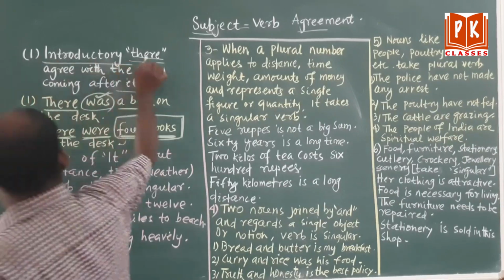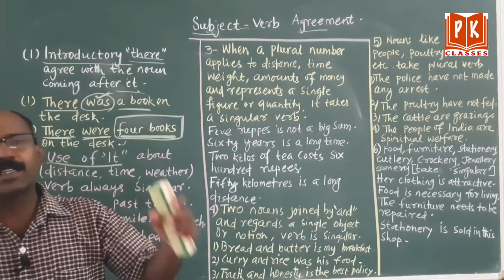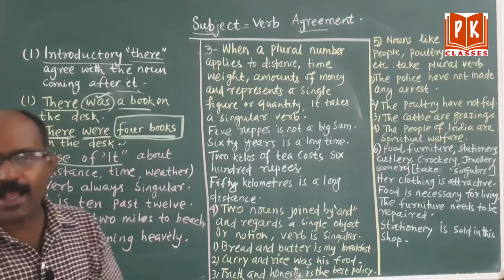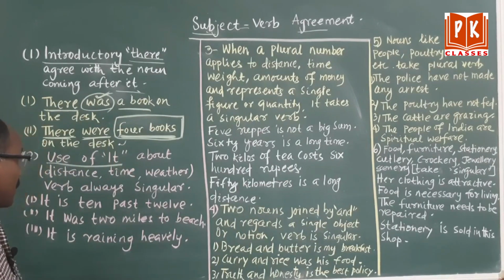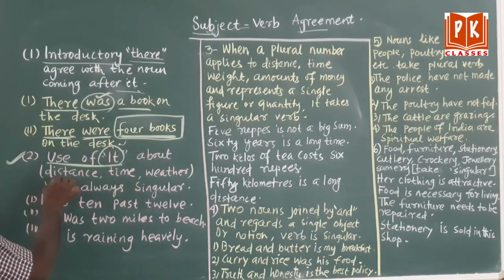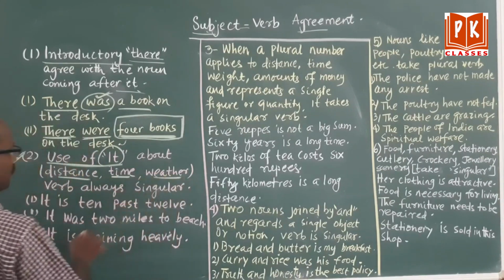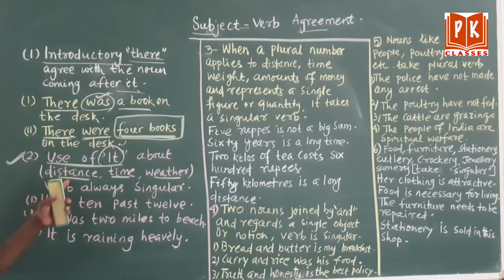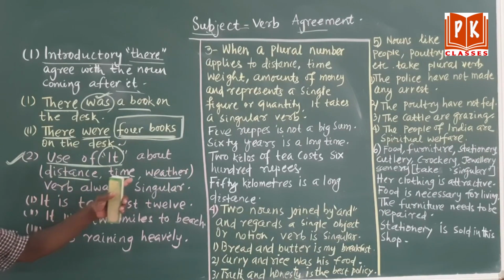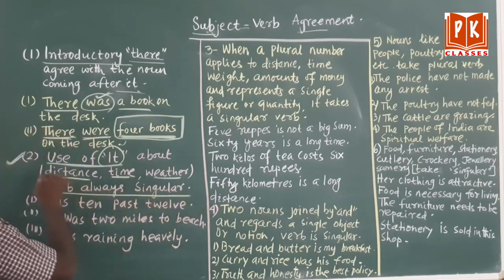Here, after introductory there, come to introductory it. Sometimes we use it is. It is a bag. Like that. It is introductory. But when it is about distance, time, or weather, please remember, the verb will always be singular.